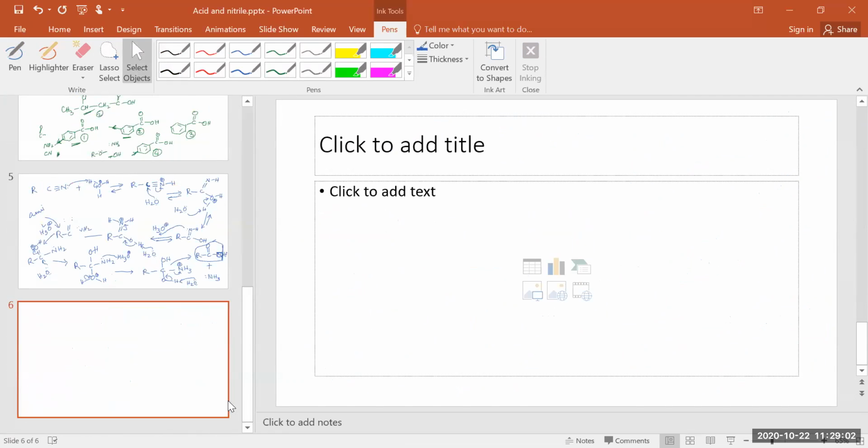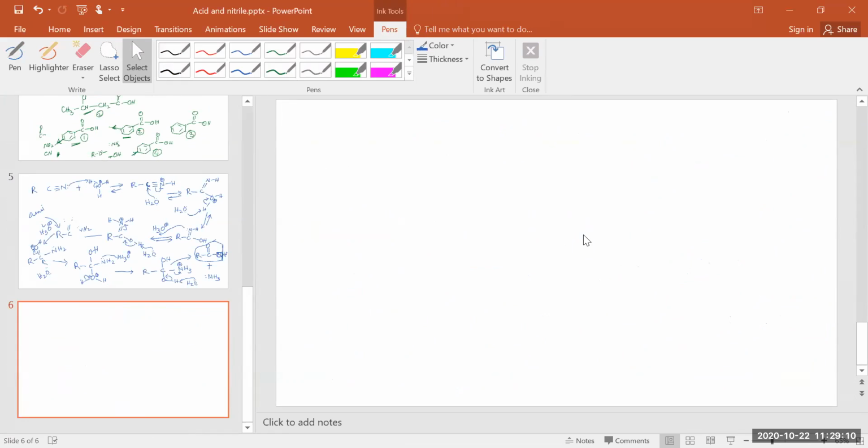Okay, so next step, this reaction can happen in a basic medium as well. So basic medium, it is slightly different.